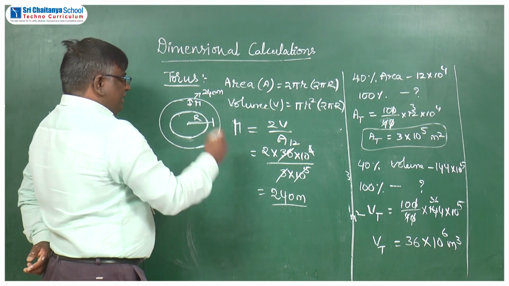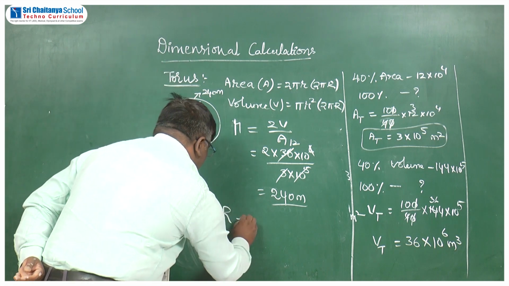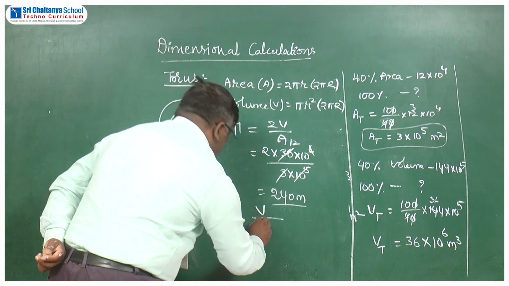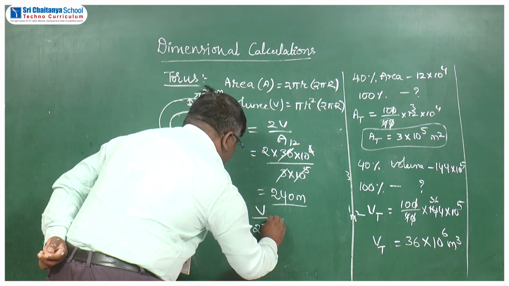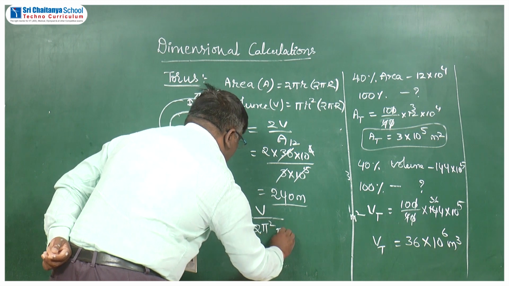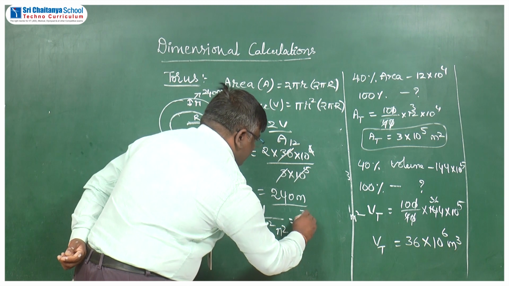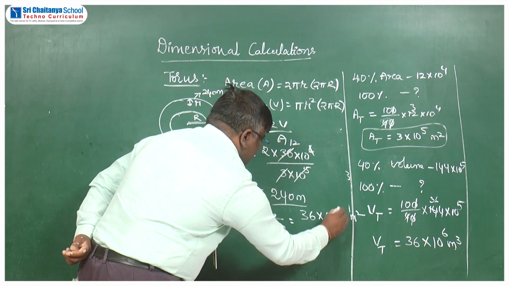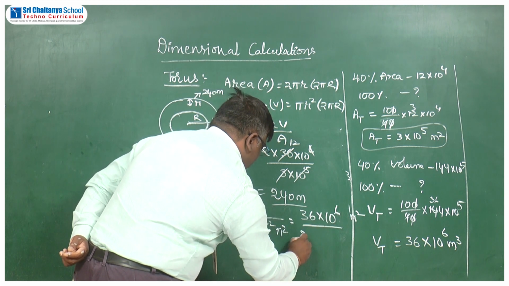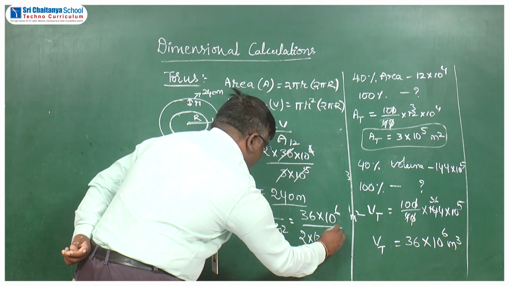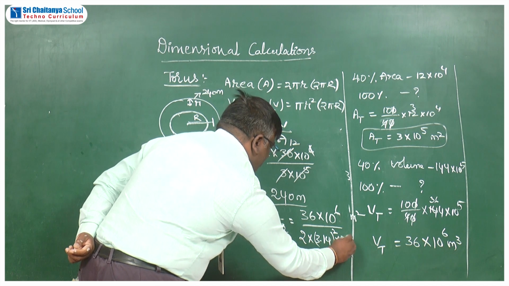Now what is the big radius? So capital R, what do we have? V by 2 pi square r square, which implies 36 into 10 power 6 divided by 2, pi means 3.14 whole square, into r, 240 whole square.